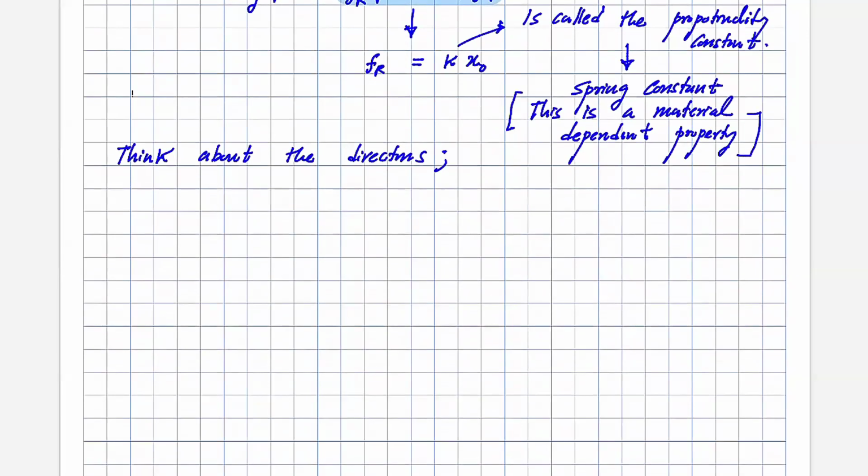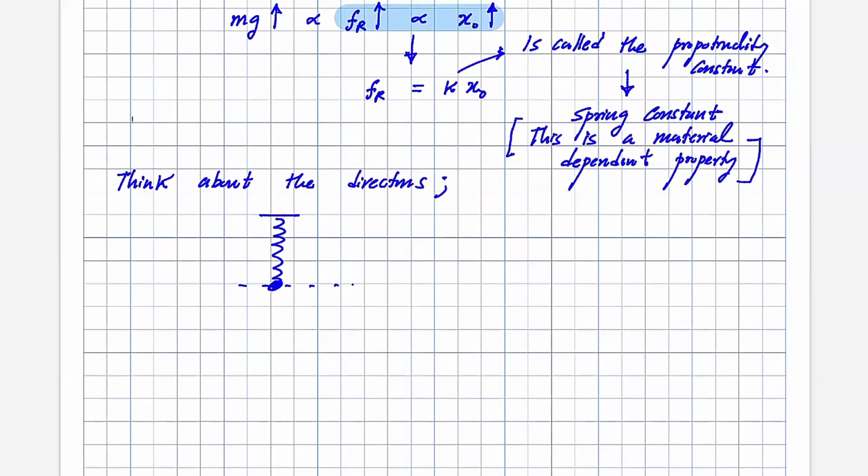Okay, let's think about this. Now, this is your equilibrium situation. Your FR is a force, which is a vector, right? Force is a vector. And this x0 is a displacement. So displacement and force are vector quantities. That means directions are there.